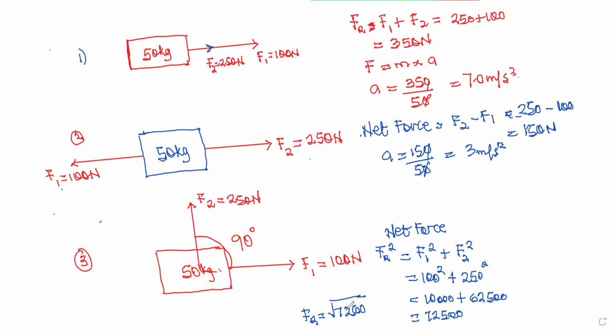What is the square root of this value? 269.25. So the resultant force FR is approximately 269. Let's approximate it to the nearest whole number.